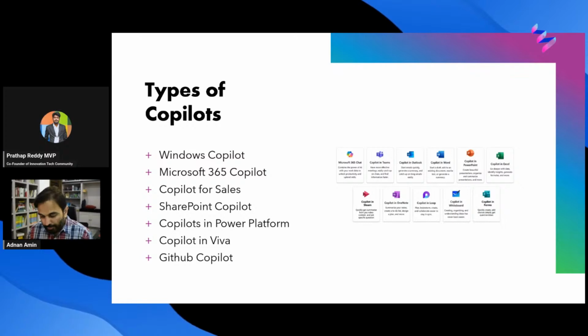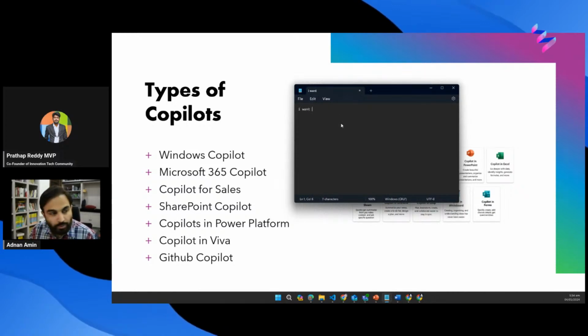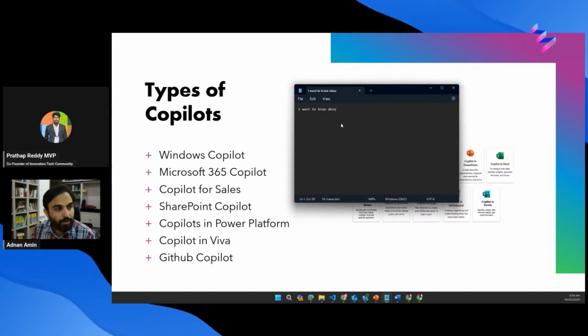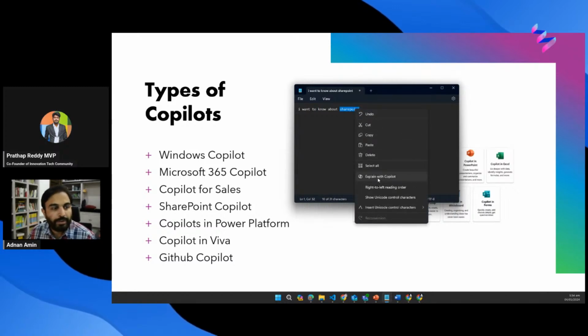Let me quickly show you. This is simple Notepad here. I'm searching, I want to know about SharePoint. I will select this one. If I right click on it, you will see the Copilot option, explain with Copilot.